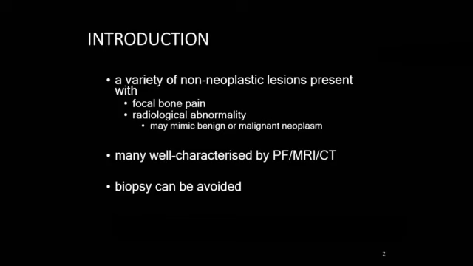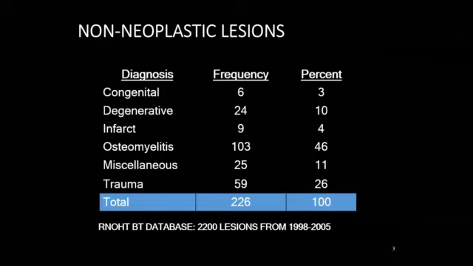Some of these pathologies can present with focal bone pain and some radiological abnormalities that might mimic benign or malignant bony lesions. In a study done from 1998 to 2005 about the possible diagnoses of non-neoplastic bone lesions, there were congenital, degenerative, infarcts, osteomyelitis, miscellaneous, and trauma.